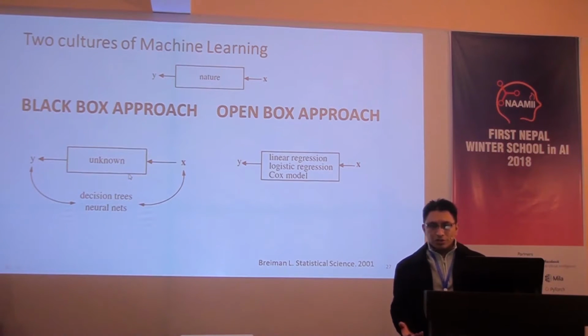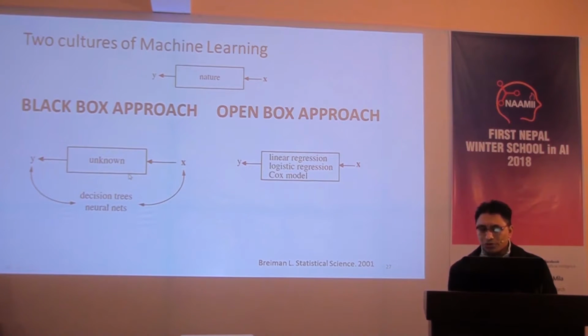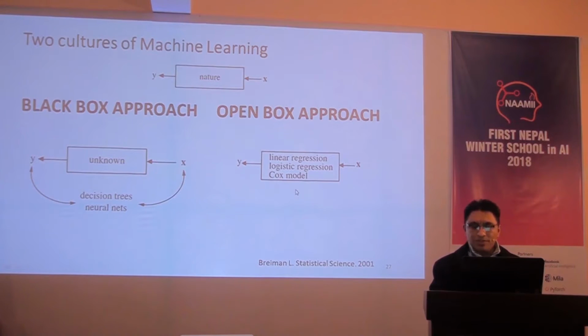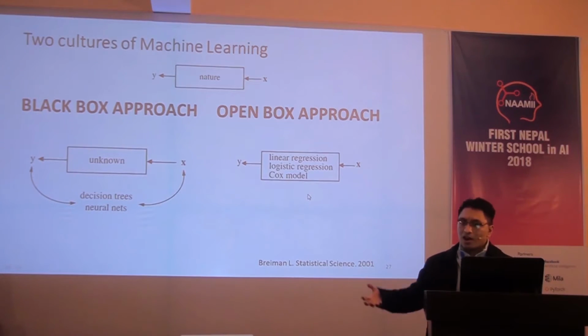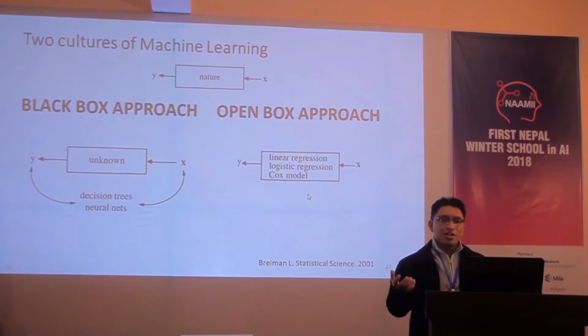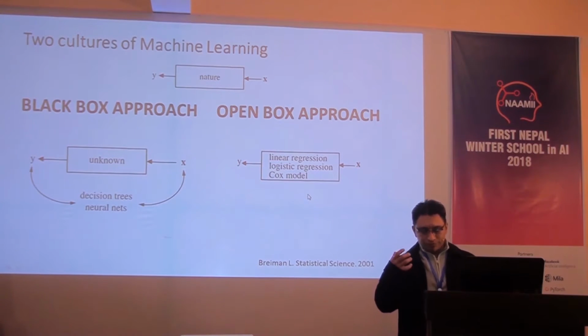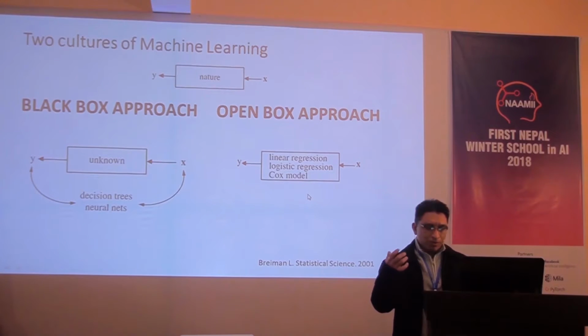The other approach is called the open box approach, where you have some prior knowledge of X, of how your input data is, and you try to infer some priors on it.